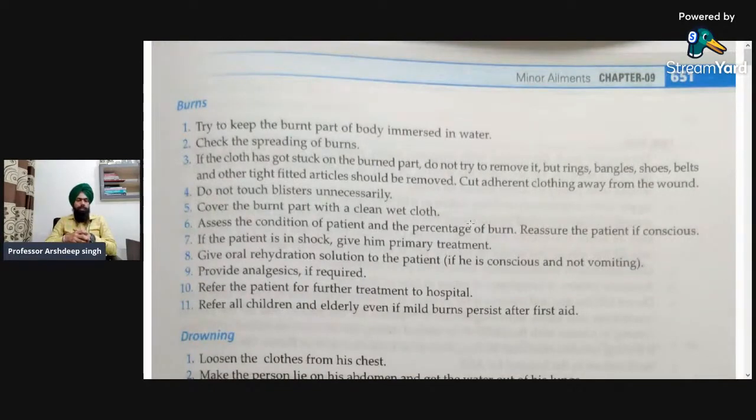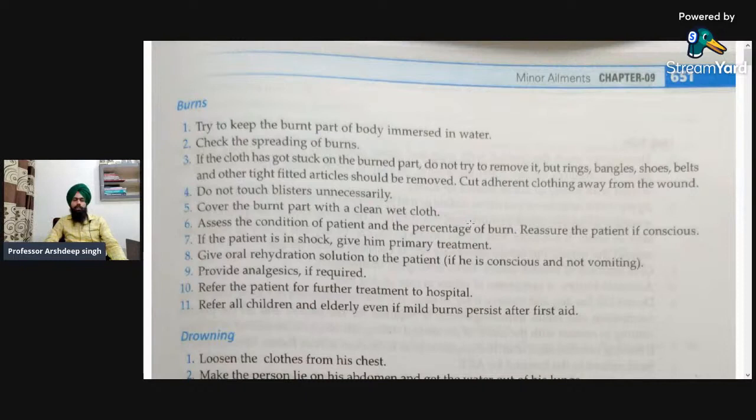So what are the main management points? How can we manage burns if they occur on the skin or any body part? What would be the different steps to manage this?